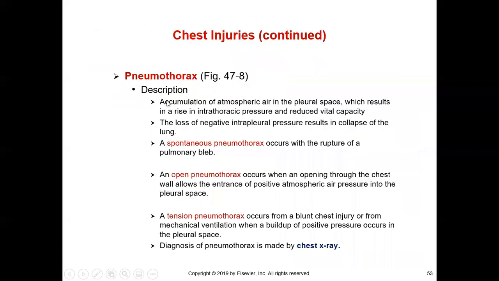So what is the description? As I told you, in pneumothorax, the air or thoracic pressure increases, but the vital capacity of the lungs decreases.